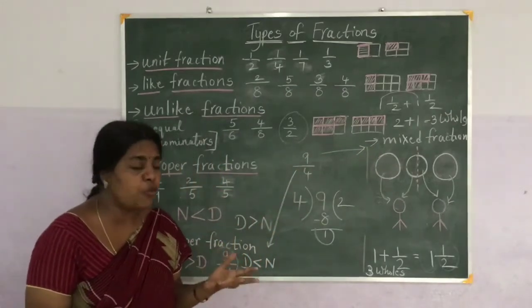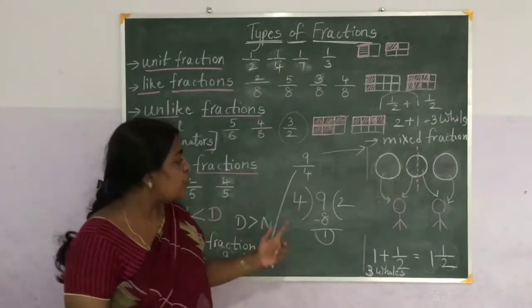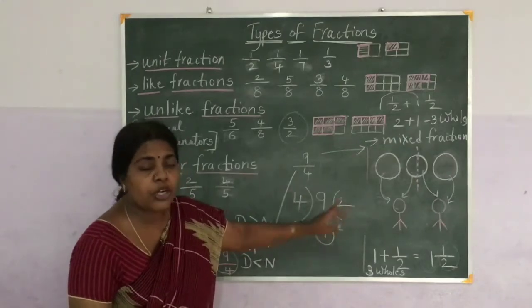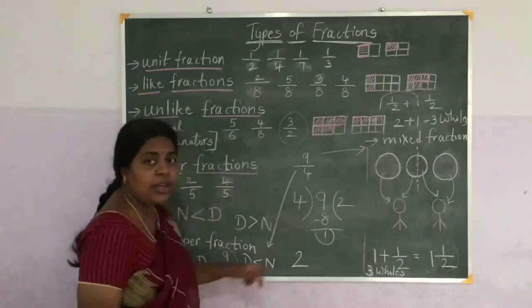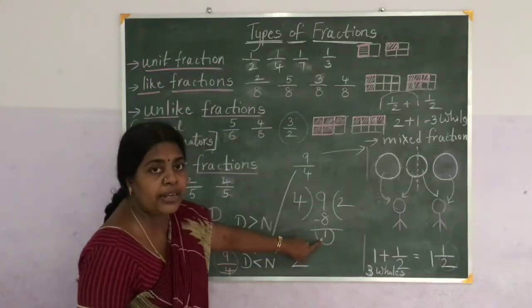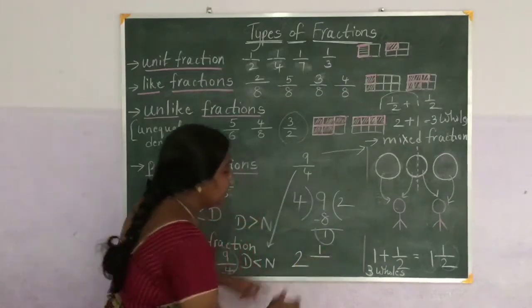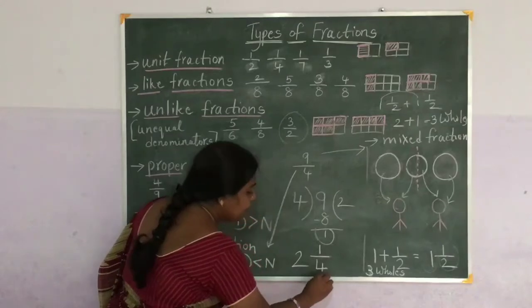A mixed fraction should consist of a whole number and a fraction. So what is the whole number here? The quotient. What is the quotient here? 2. 2 is the whole number. And what is the remainder here? 1. So 1 becomes the numerator and 4 becomes the denominator.